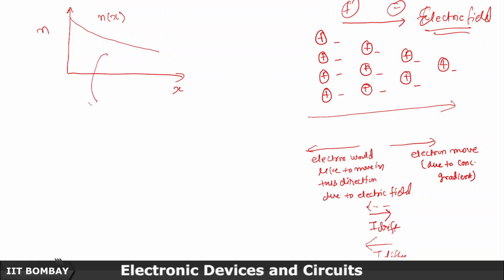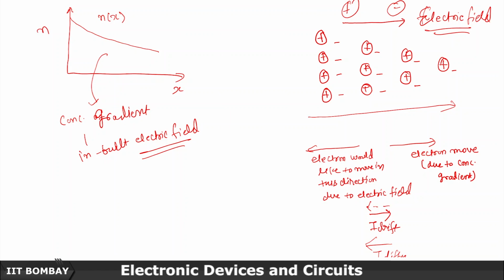The consequence of the concentration gradient is the formation of an inbuilt electric field. But because of this equilibrium between drift and diffusion, the net current is 0.